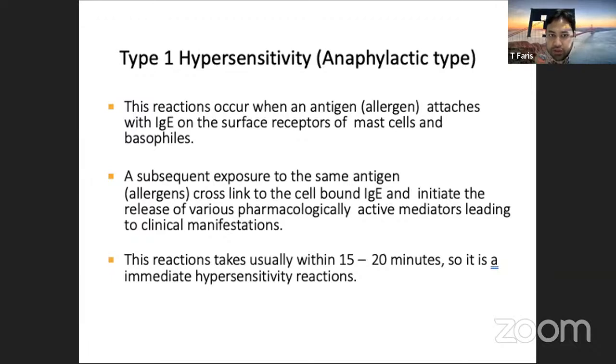Subsequent exposure to the same antigen or allergen cross-links to the antibody, the IgE, and starts to initiate the release of various active mediators leading to complications or certain diseases.